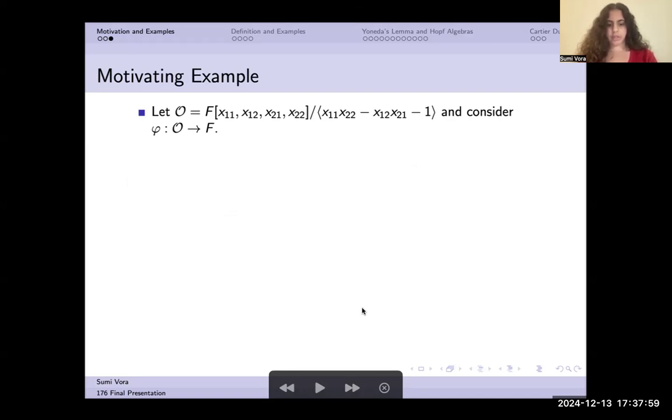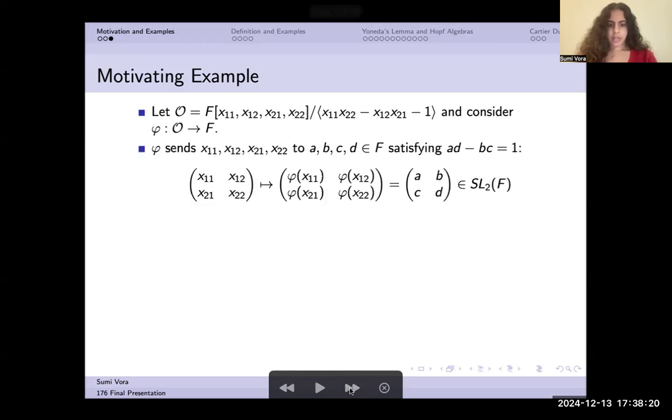Because I can arrange the indeterminates as a matrix, and like we discussed earlier, O is going to have all the polynomials whose pre-image is in the set of 2 by 2 matrices with determinant 1. Okay, so now we're going to consider a ring homomorphism from O to F, and we're going to call it phi.